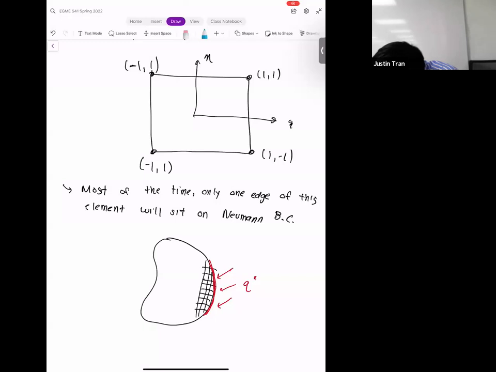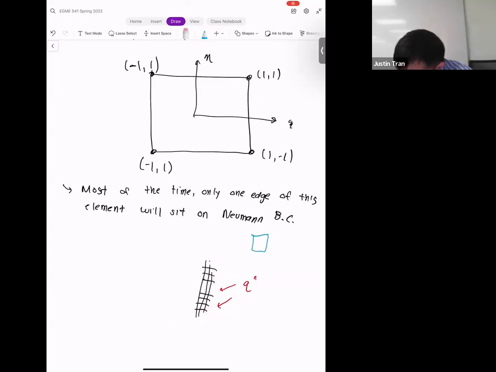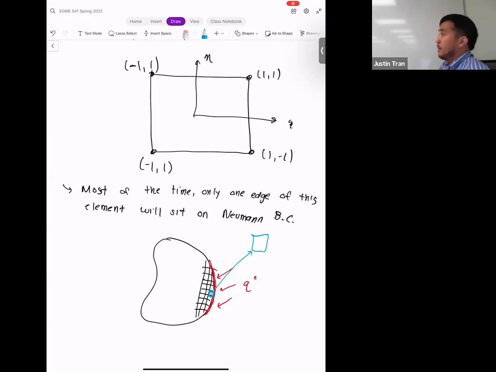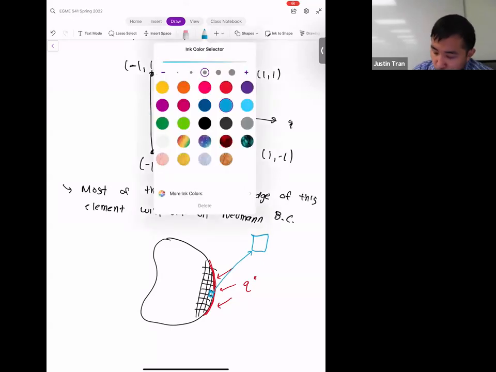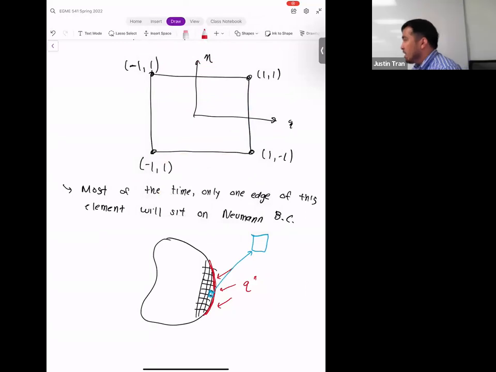And so if we look at an element that's sitting on this boundary, this element here in blue, and we zoom that one out, and consider which of these edges are actually being heated by the heat flux, it's only going to be this right one.